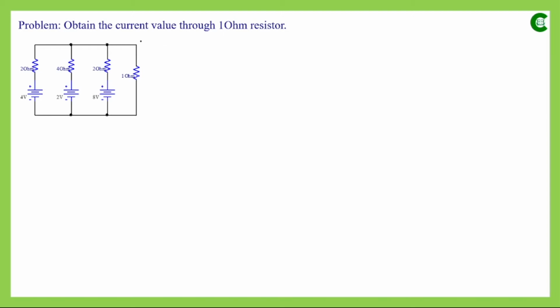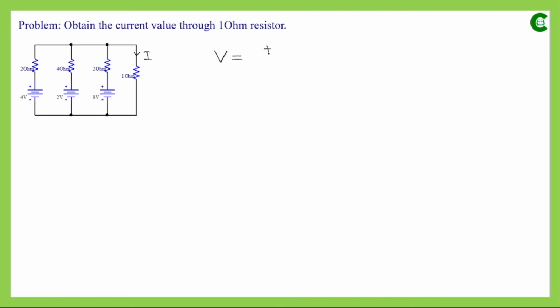We have to find how much current is flowing through that load resistor. If we apply Millman's theorem, we can easily obtain the current value. Let's assume the current flowing through this load resistor is I.